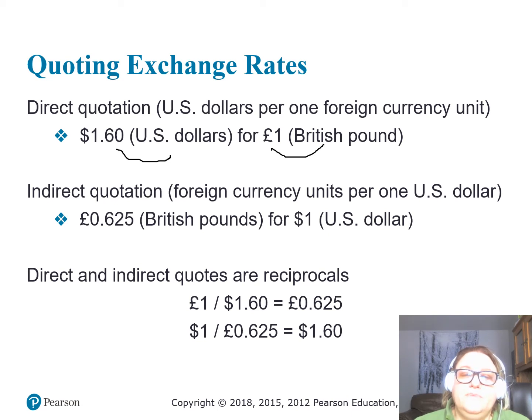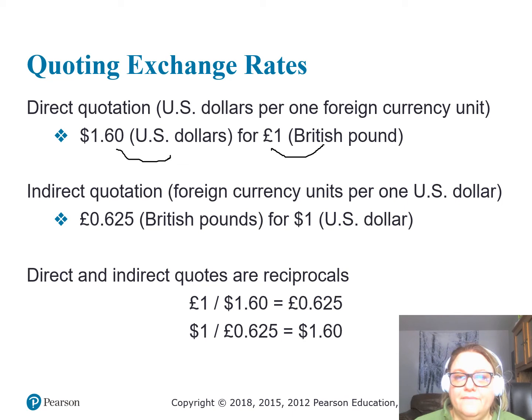So this is the reciprocal, and you can see that you get 0.62 pounds for every dollar. So you have to spend more US dollars to buy something in British pounds. It looks like it wouldn't go as far, but really these are just the quotation amounts.